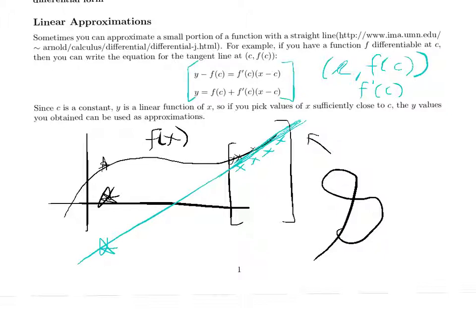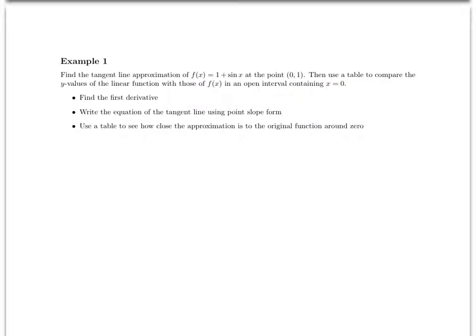So we can always write the equation of the tangent line. We would have to know what c is. Okay, c can't act like a variable. It's got to be a constant. And then y is going to be our linear function. And as we pick x values close to c, the y values we get out are going to be good approximations. Okay, to illustrate this, we'll do example 1 here.